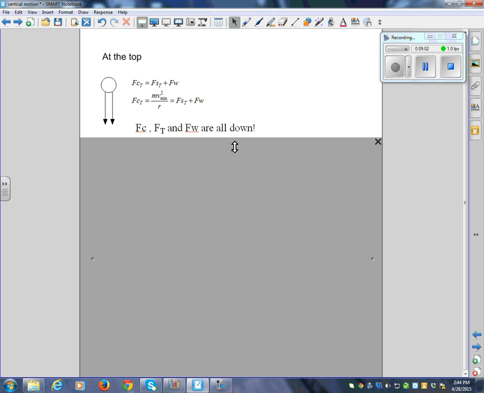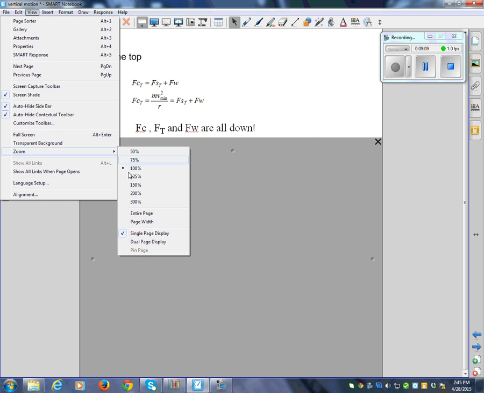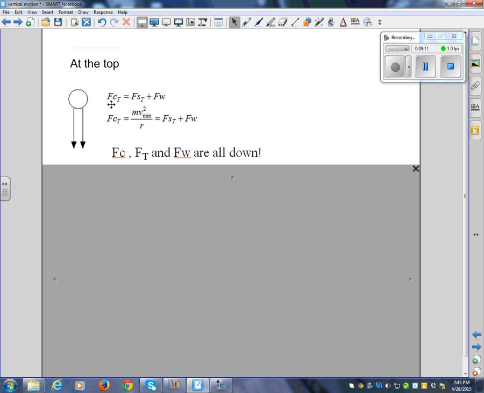the centripetal force, FCT, total centripetal force. The total centripetal force is made up of the string force, FS, and the weight force. You'll notice that they are both pointing down. And the centripetal force is mv squared over r.